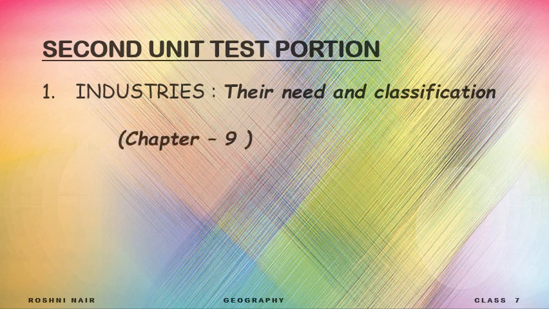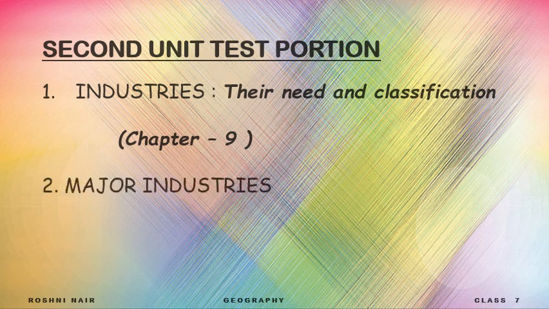It is chapter 9 from your textbook. And the second is major industries, which is chapter 10 in your geography textbook. So please mark the portion for the second unit test. That is industries, their need and classification, chapter 9, and major industries, chapter 10.